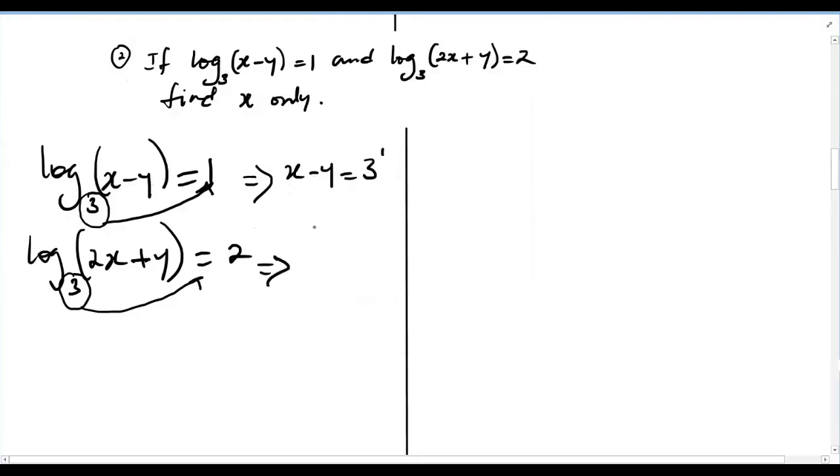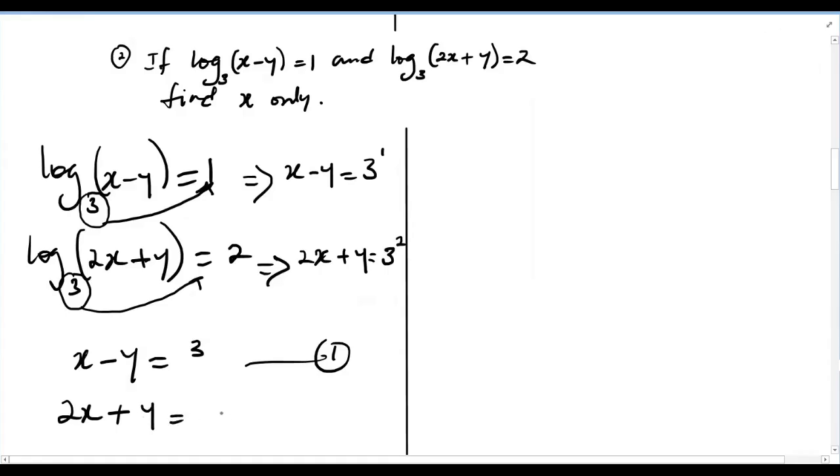Likewise here, we're going to have 2x plus y equal to 3 to the power of what? 2. Beautiful. So let me rewrite them here. That means we have x minus y equal to what? 3. So we call this equation 1. And we finally have 2x plus y equal to what? 9. Let's call this equation 2.